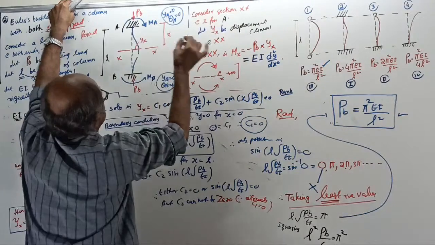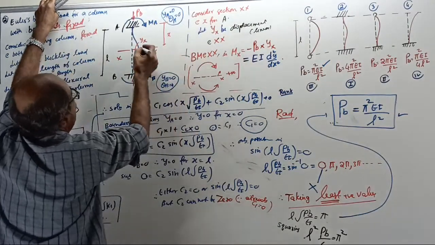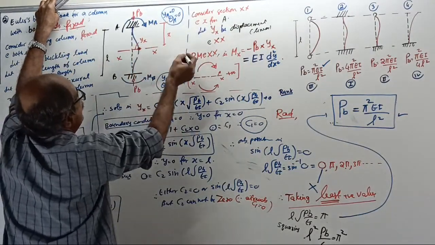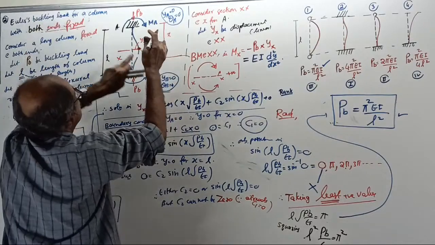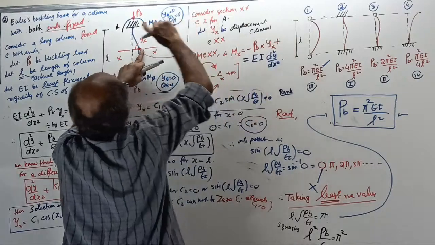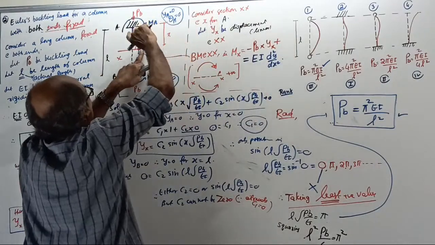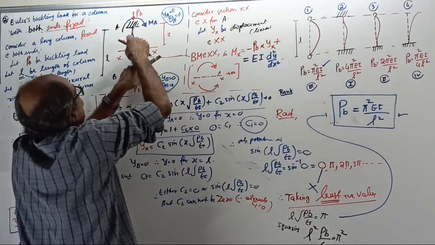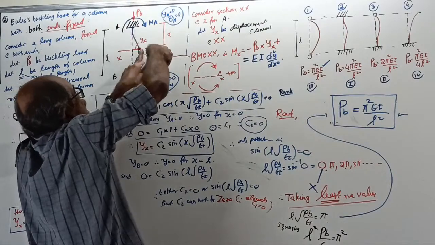Let YX be the displacement. Remember, now the bending moment here: it is minus PB into YX, then plus how much?